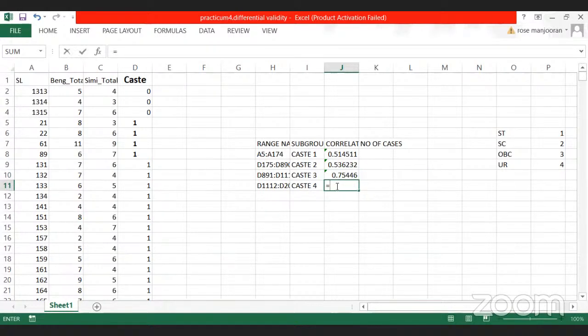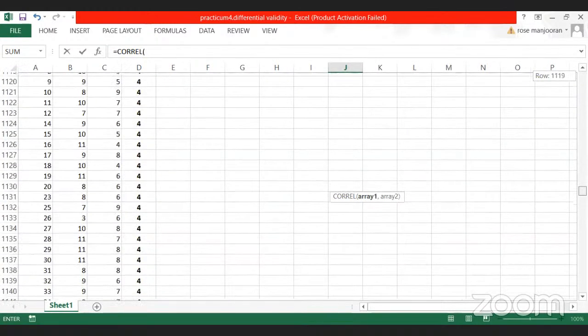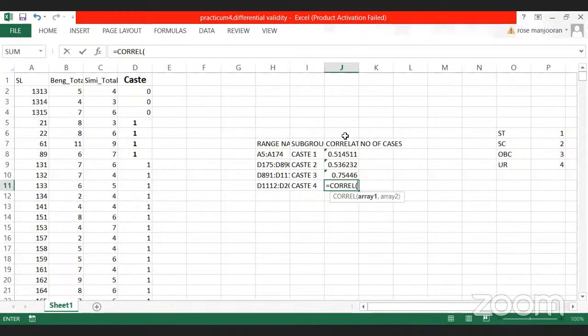Then for CAS 4, we are doing the same way. CORREL. Then when you go down, you can see where 4 starts. If you want to check easily, you can click on it. Then for CAS 1, you will easily get it. From here, the range will be B1112 till B2061, comma.